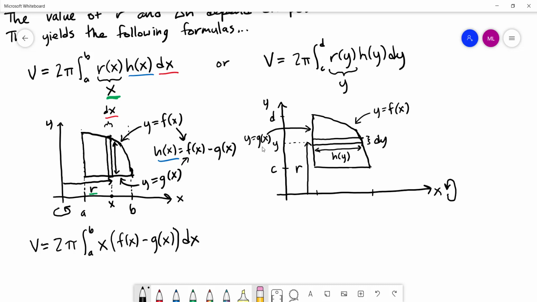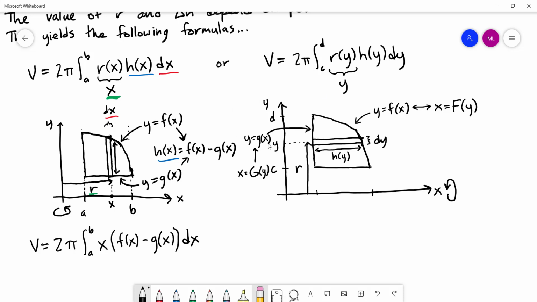But notice the way that they're written right now, it's y equals g of x, y equals f of x. They're functions of x. We need them to be functions of y. So I would have to solve this equation for x, and find it as, I'll call it, a capital F of y. And this one over here, same thing, we would have to solve it for x. x equals capital G of y.